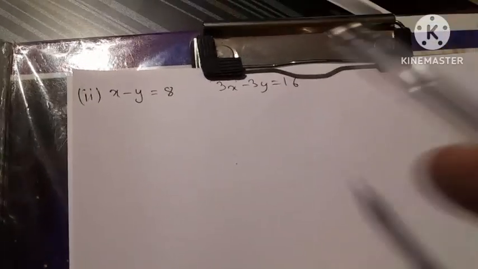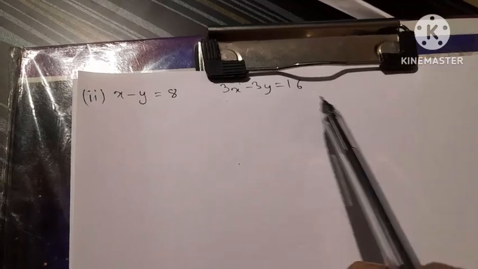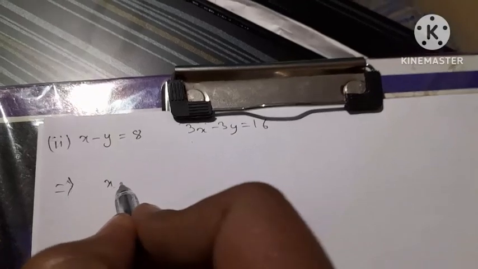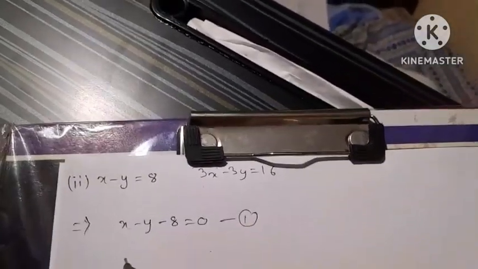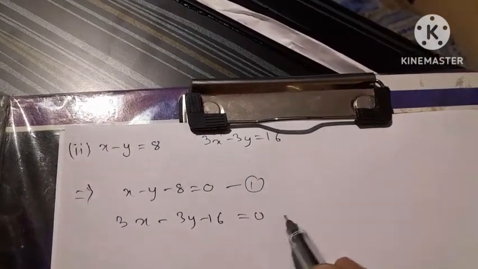Now for question number 2, we have two equations: x minus y equal to 8, 3x minus 3y equal to 16. First rewrite the equations. x minus y minus 8 equal to 0, equation 1, and 3x minus 3y minus 16 equal to 0, equation 2.